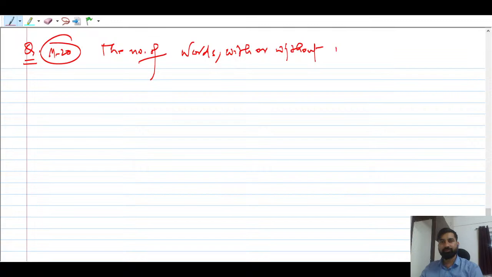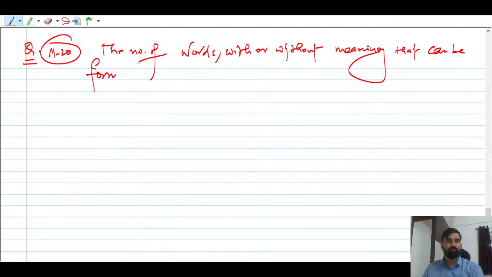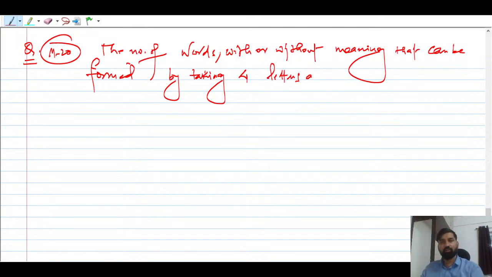By taking 4 letters at a time means permutation of indistinct objects, some at a time, right? That is the concept that we are using, okay.